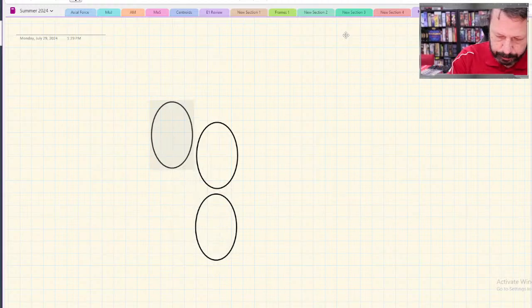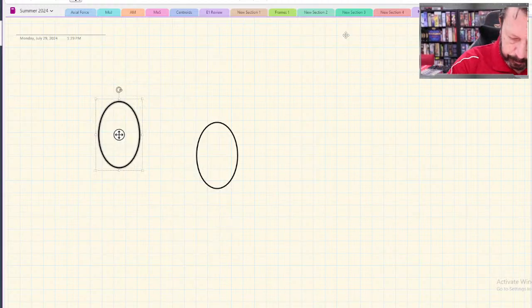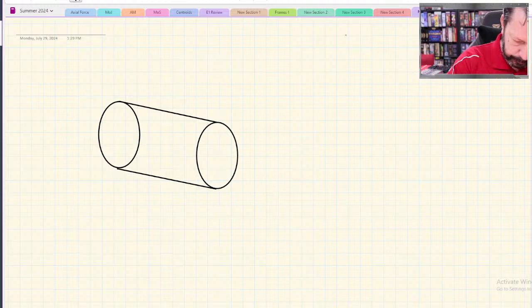We'll copy it and put one somewhere up there, and then connect it together. This will be in the background back there.